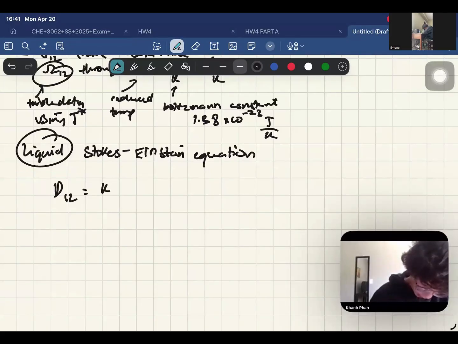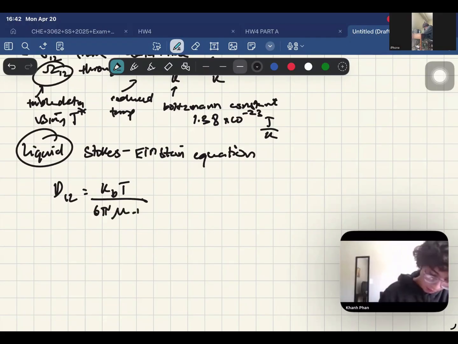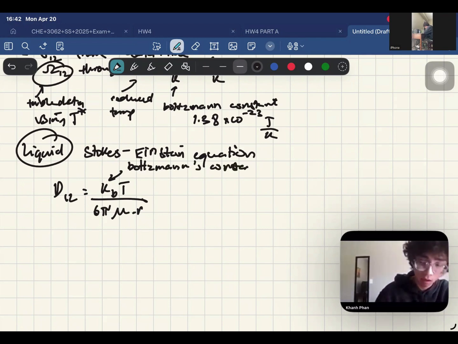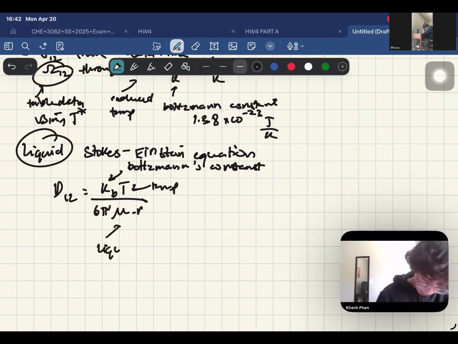We have the Boltzmann constant times temperature over 6 pi times mu times R. So KB is Boltzmann's constant with the value that I just mentioned, and then temperature, liquid viscosity, and then molecular radius.